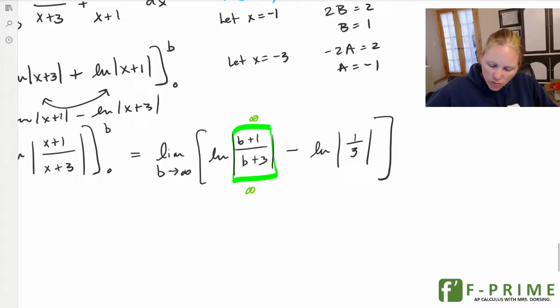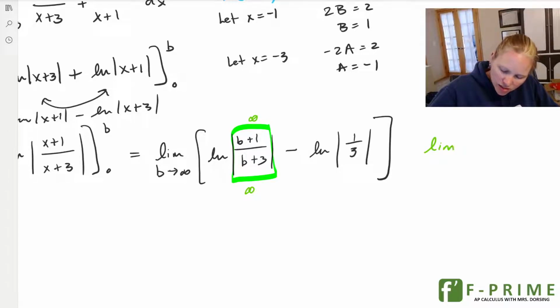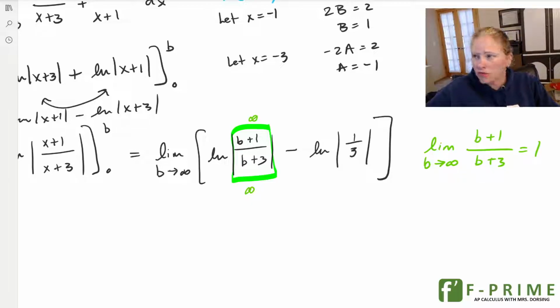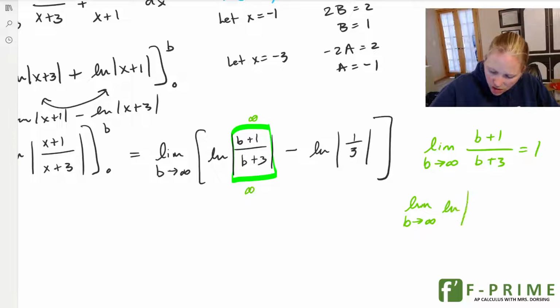So really what we're saying is, what is the limit as b approaches infinity of this? Well, it's 1 when we do L'Hopital's rule, or if we use simplifying or an end behavior model, it's just 1. So really, the limit as b approaches infinity of the natural log of this is the natural log of 1.